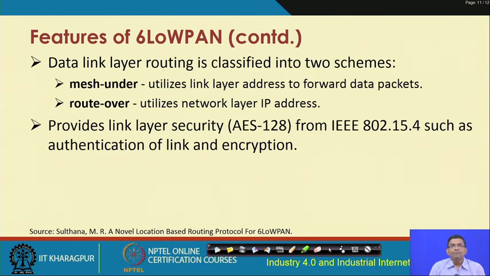Route over basically utilizes the network layer IP address. So, mesh under and route over are two different schemes that are used in the data link layer for 6LoWPAN. And one more thing is that AES 128 link layer security is used.